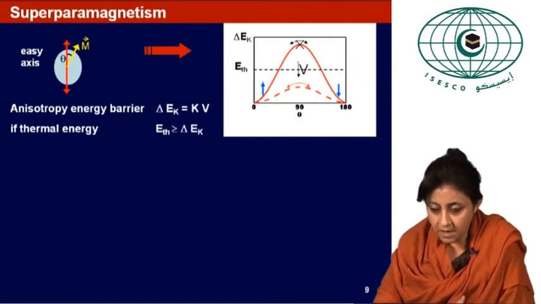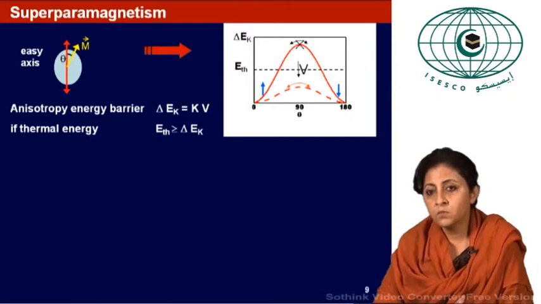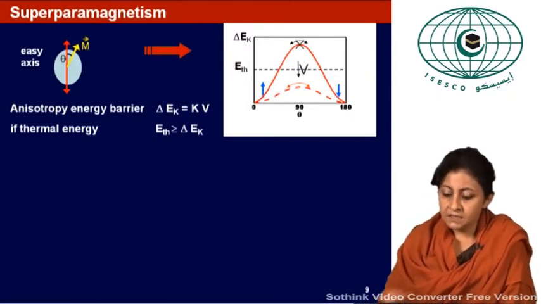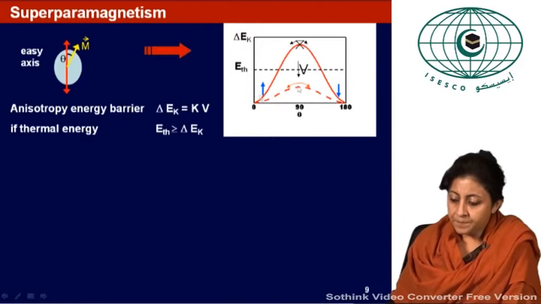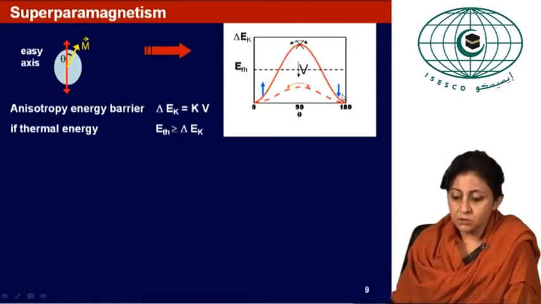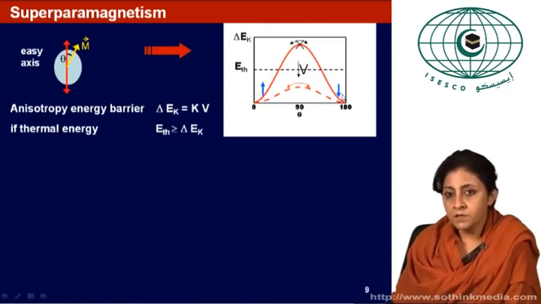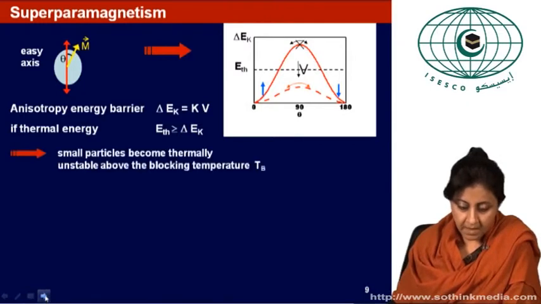And on the average time scale, or on the time scale of most measuring instruments, this flipping time is way too small for the change in direction of magnetization to be measured. So you just measure an average, which is zero magnetization.